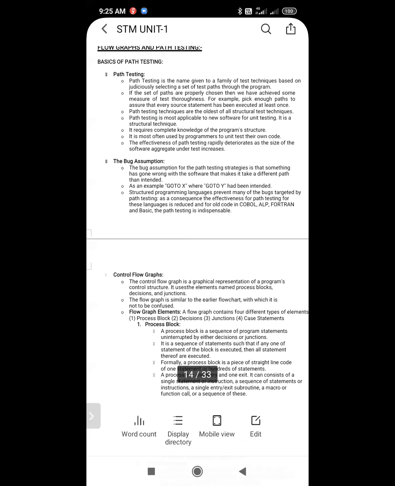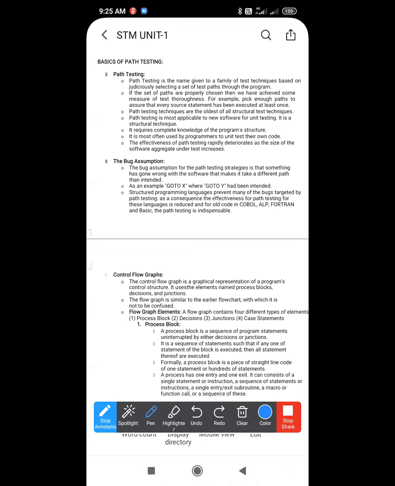In the basic concepts of path testing, you should write about what is path testing, right? What is path testing? What is bug assumption? Next, you should write about the control flow graph. In that, we have the elements. For those elements, we have some diagrams.